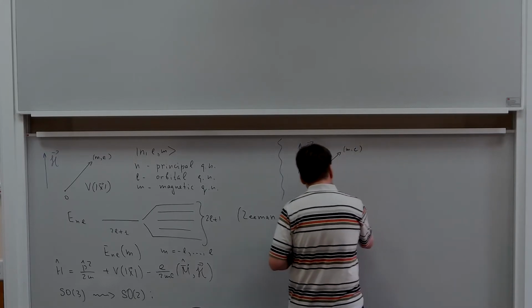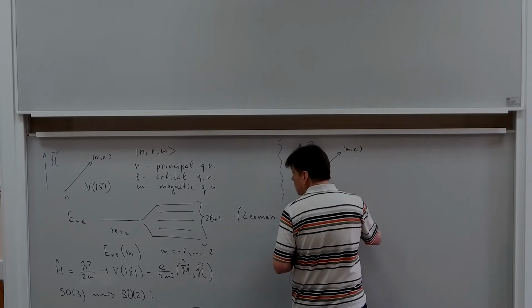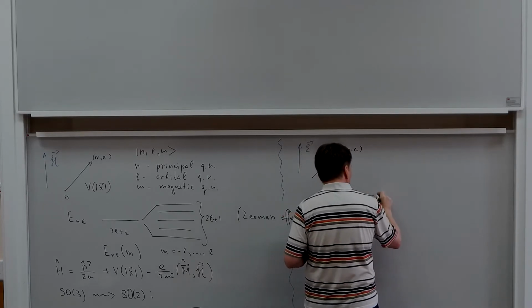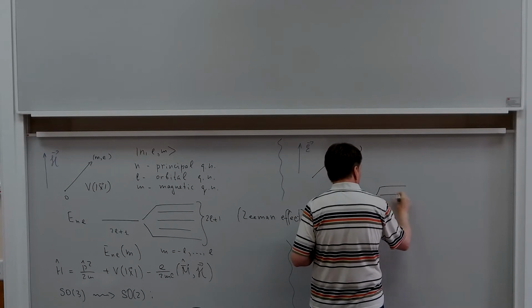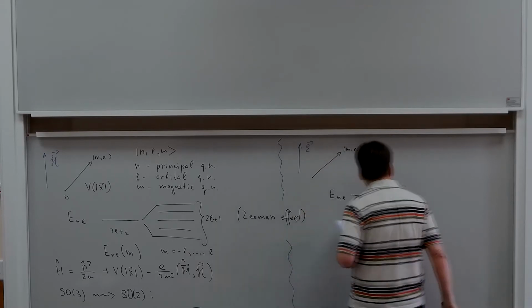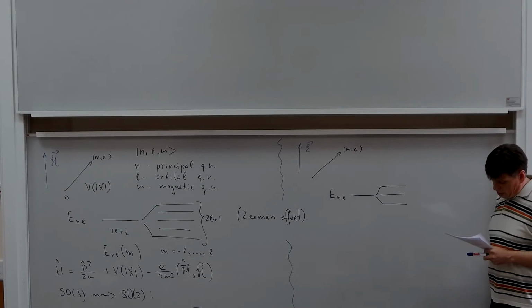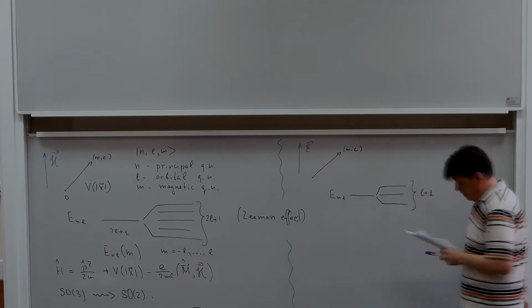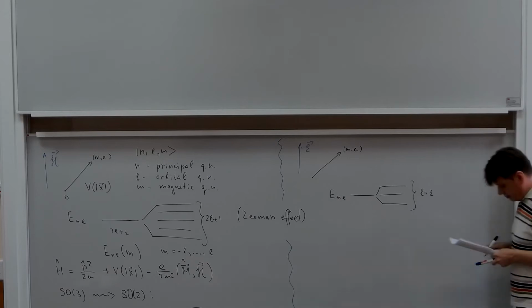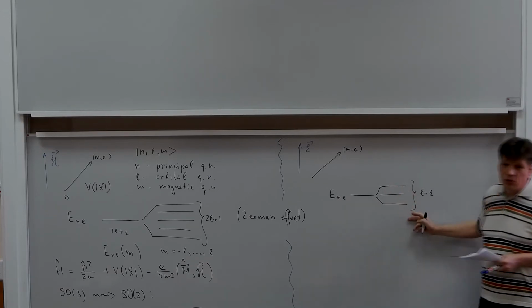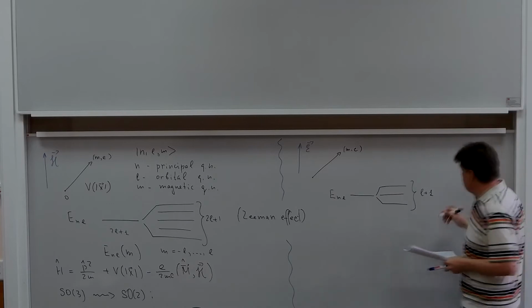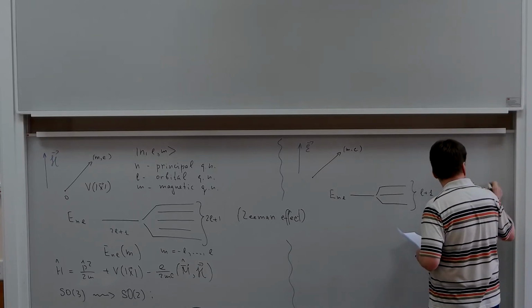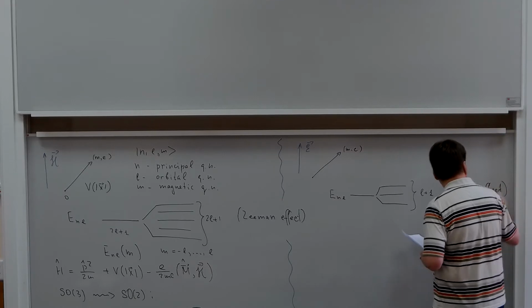So again, instead of a degenerate energy level E n l, we get a bunch of close levels. And this splitting is known as the Stark effect, right?